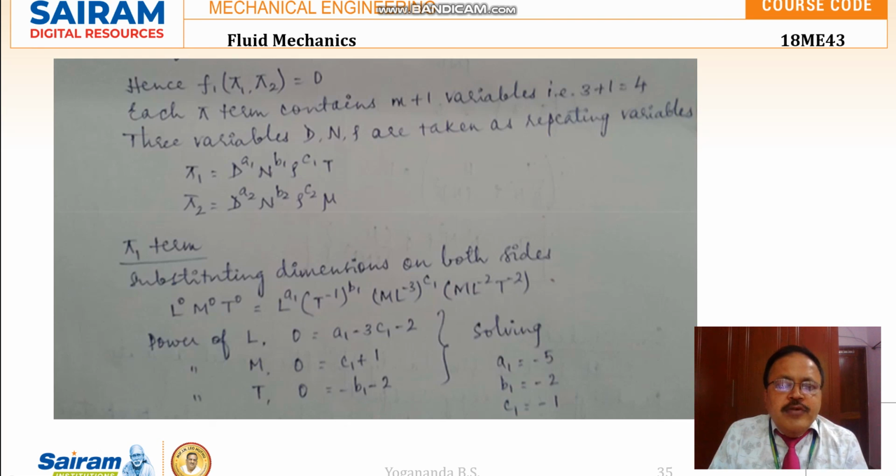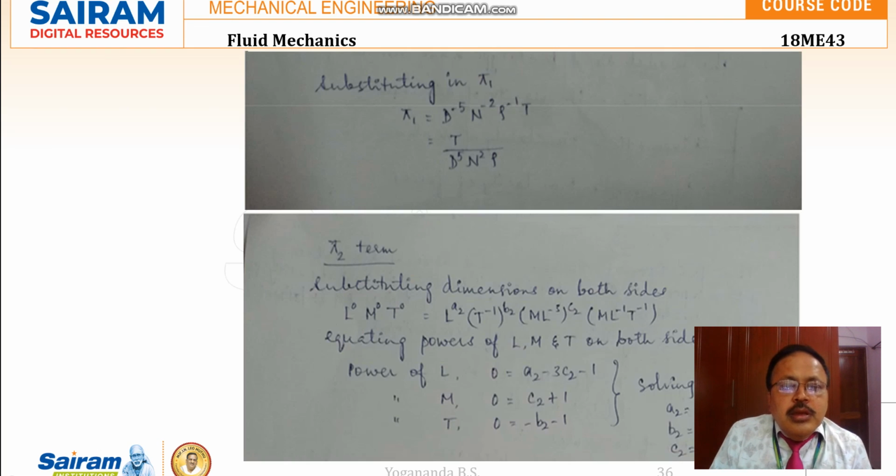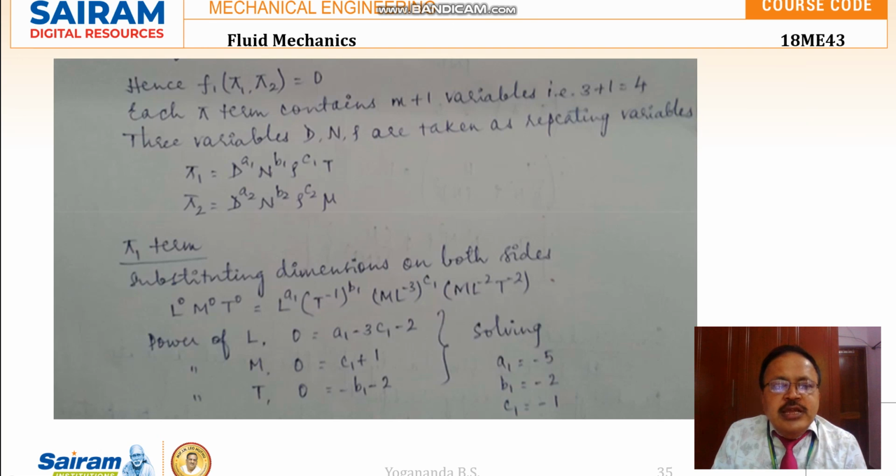Now taking the powers of L, M and T on both sides of the equation and solving, we get A2, B2, C2 as we did in the pi 1 term.